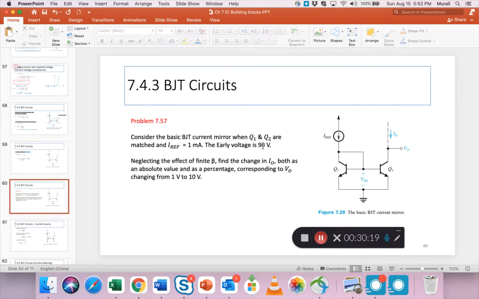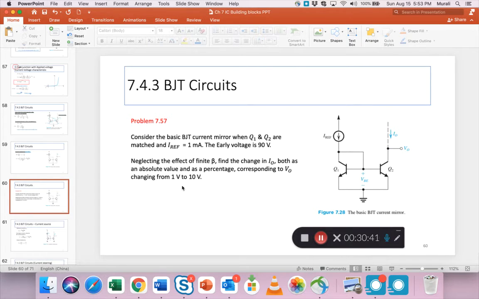The Early voltage is also given as 90 volts. Neglecting the effect of finite beta, so that means ignore the finite beta. Find the change in IO both as an absolute value and as a percentage corresponding to VO changing from 1 volt to 10 volts. So that's the problem.